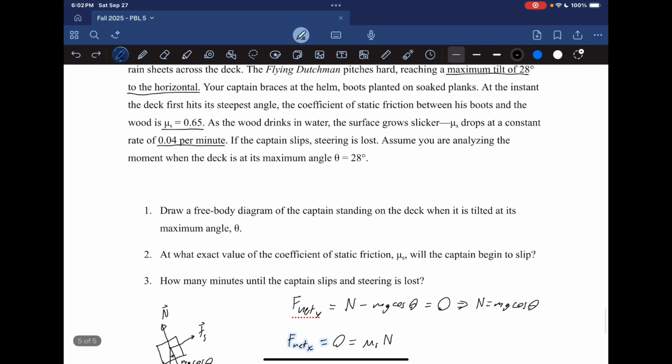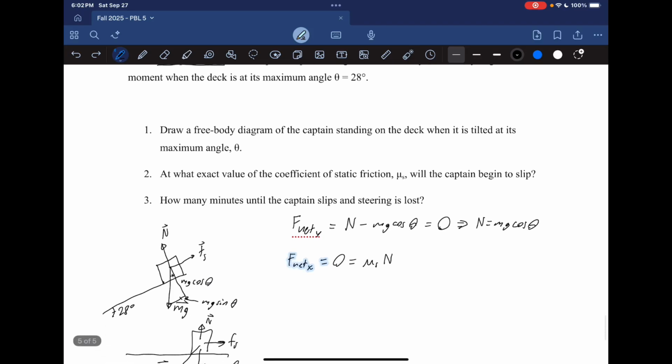And I'm realizing right now that for this problem specifically, we have mu sub s. It's already given, so we don't actually need to calculate it. We did need to calculate the normal force, though. But we have mu sub s times n minus mg sine of theta. We'll say that this direction is our negative x direction, so that our signs make sense.